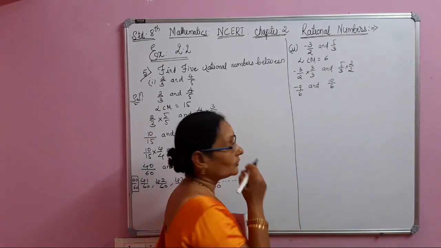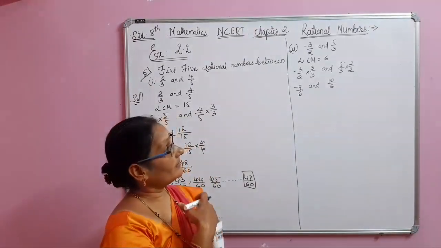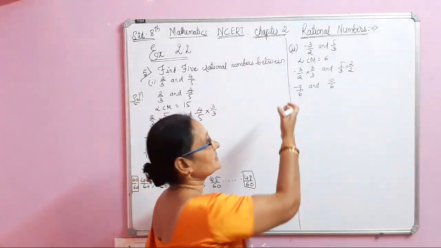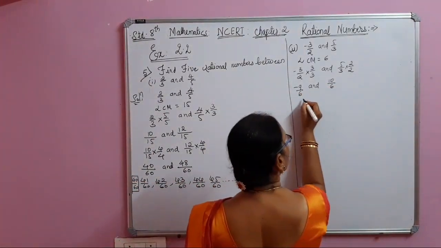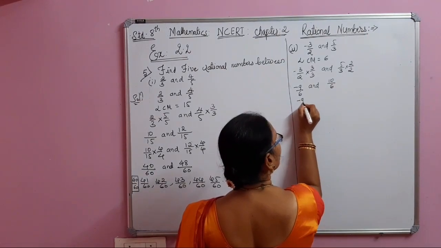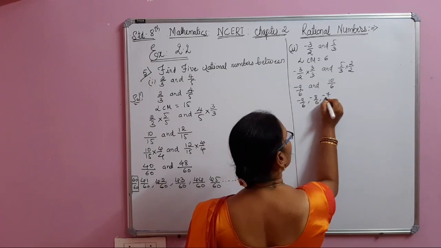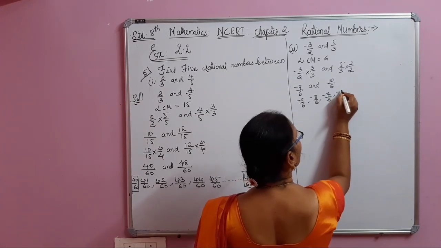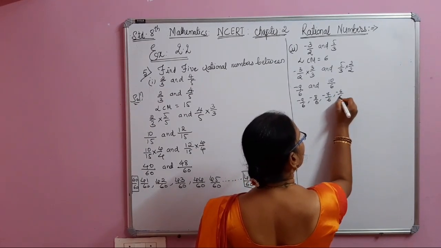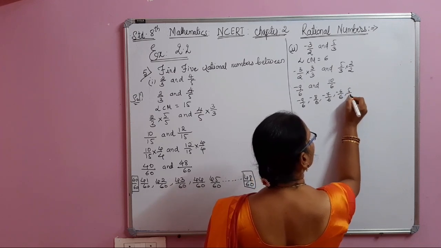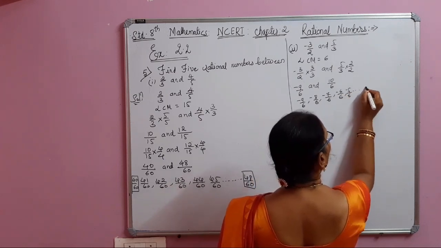See here, no need to multiply again with any other number, because so many rational numbers we are getting here. Which are those? Minus 9 by 6, minus 8 by 6, minus 7 by 6, minus 6 by 6, minus 5 by 6, like this up to 0.